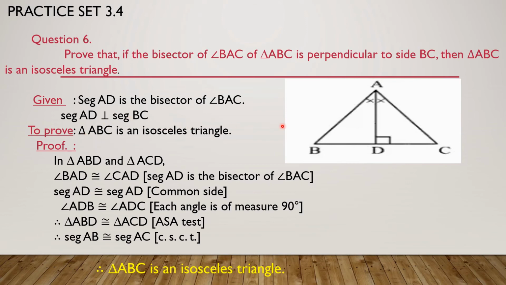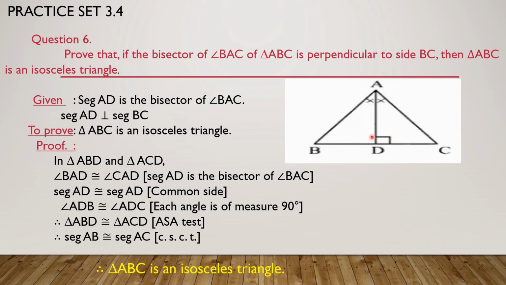And proof, here I am taking the two triangles ABD and ACD. Then write the congruent parts. Angle BAD congruent to angle CAD, because segment AD is the bisector of angle BAC, and segment AD congruent to segment AD, that is the common side, and angle ADB congruent to angle ADC, that is each angle is of measure 90 degrees.